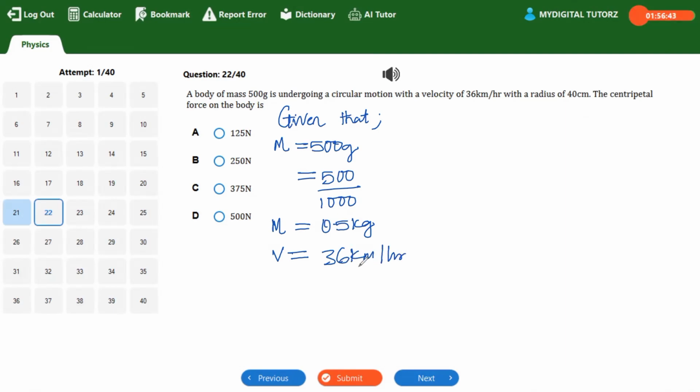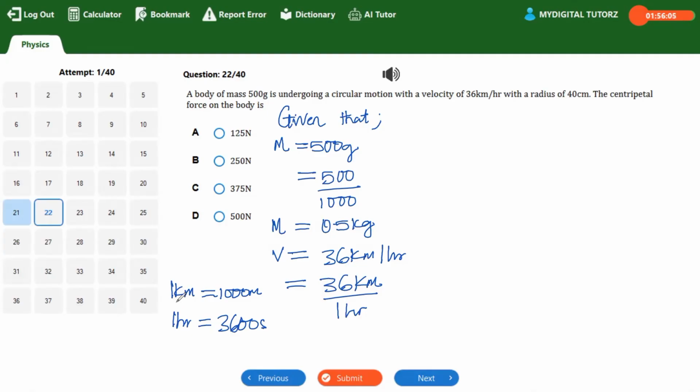You also have to convert this to meter per second. 36 kilometer per hour is 36 kilometer over 1 hour. 1 kilometer is equal to 1000 meter, and 1 hour is equal to 3600 seconds.